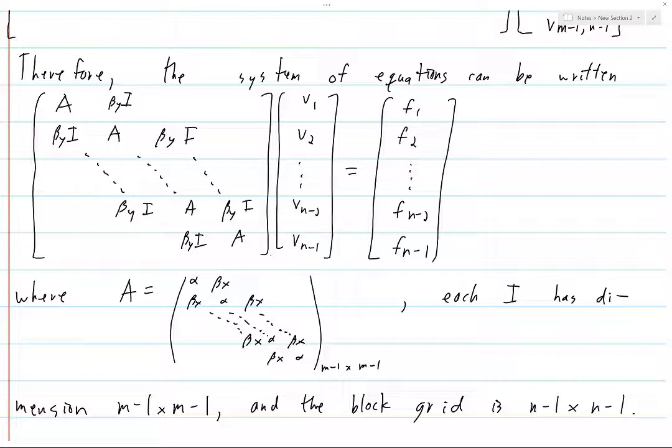And then in the block matrix format, instead of having beta y times I, you'll have beta x times I. And each of the column vectors, the vj's, instead of going from v1 through vn minus 1, will go from v1 to vm minus 1. And similarly, f1 through fm minus 1. And that's just because of how each of the vectors has n minus 1 entries. And then the block format itself will be m minus 1 by m minus 1, and each block in that structure will have n minus 1 by n minus 1 entries.